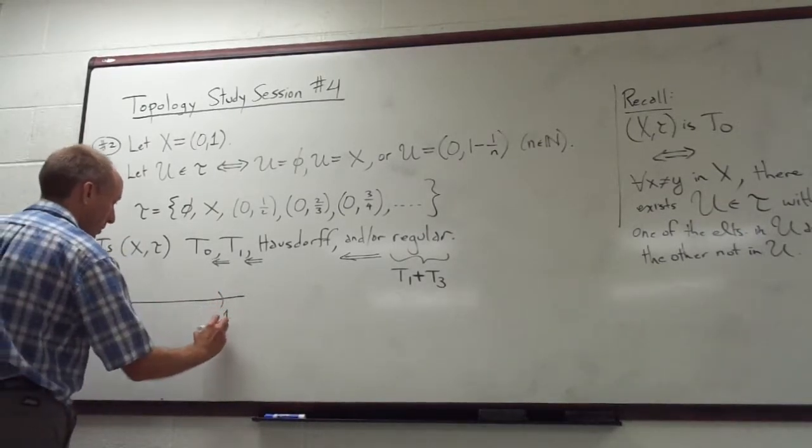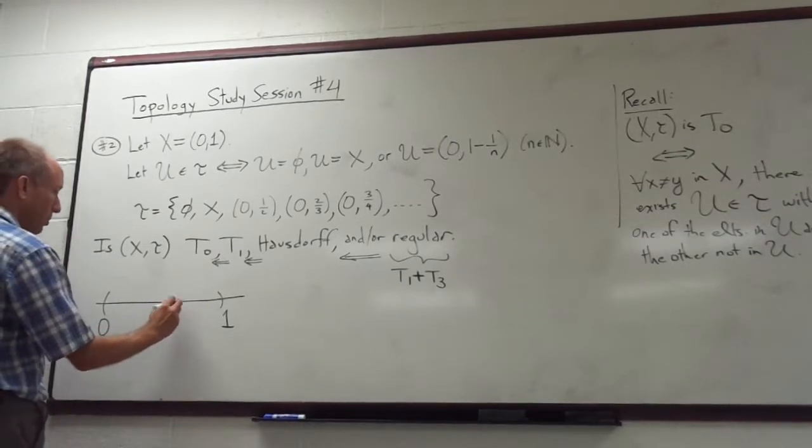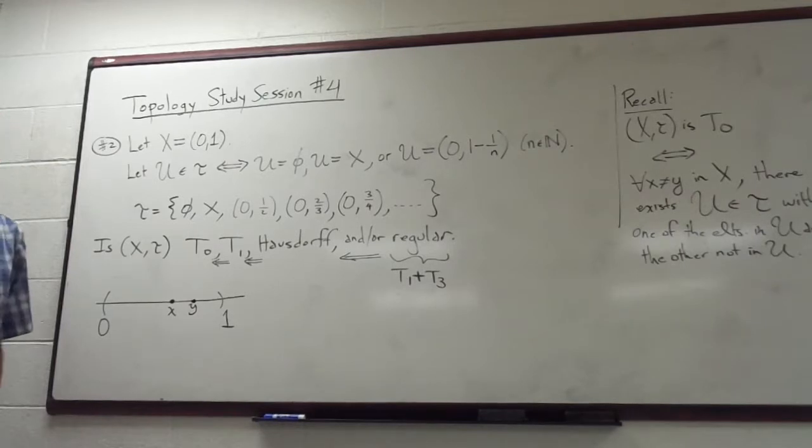So if we take any two numbers here, will we always be able to find an open set that contains one of them but not the other?